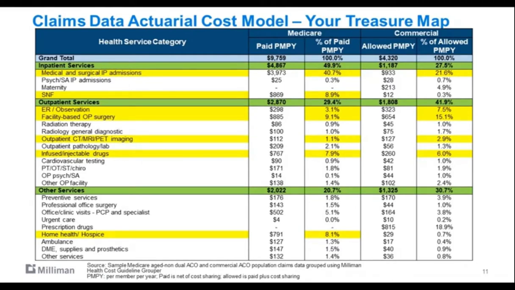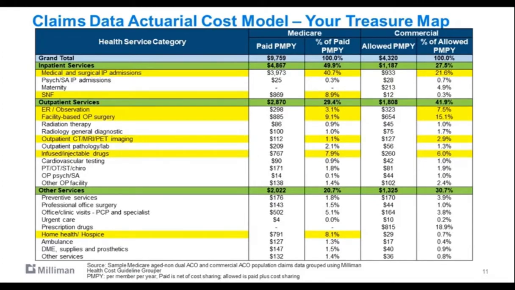One might ask, but what can I do about those injectable drugs? Is there really opportunity? What we'll see further along is how to drill into these lines, because that's really where the gold is, where you can identify if there's opportunity. Hospice and home health is a bigger opportunity, the last of the yellow highlighted lines in the Medicare model there.